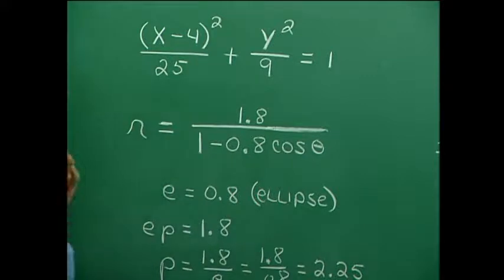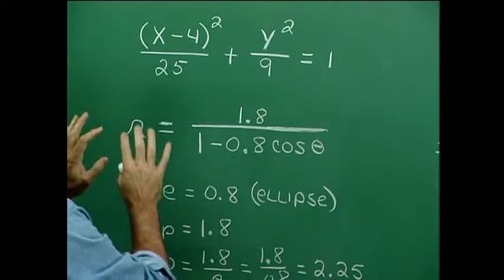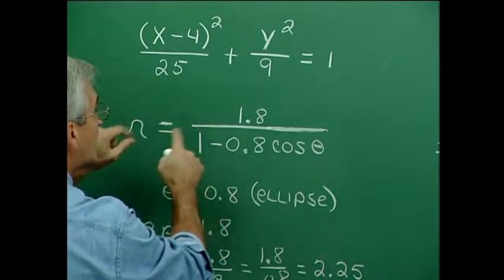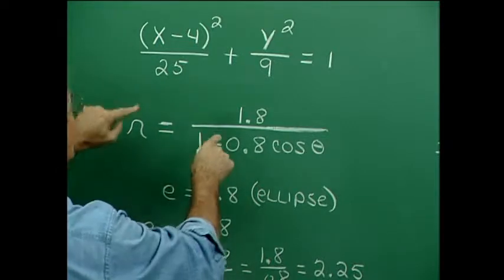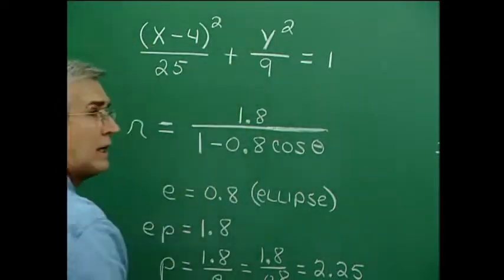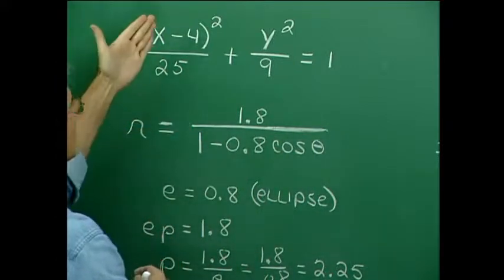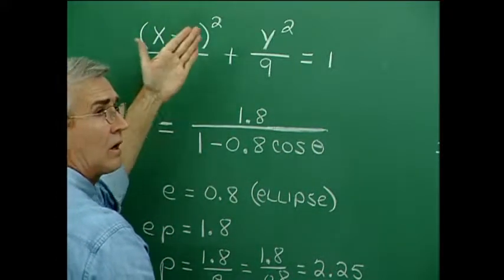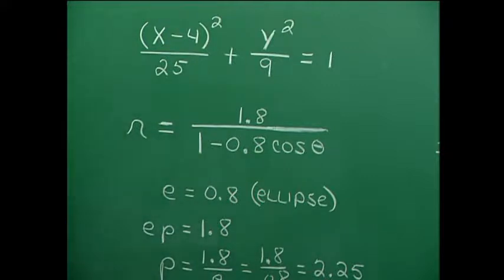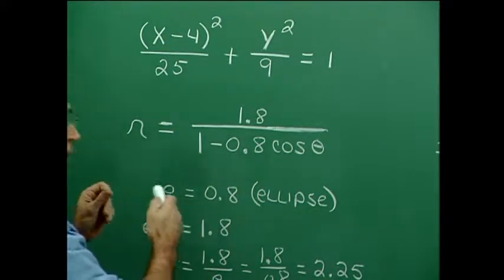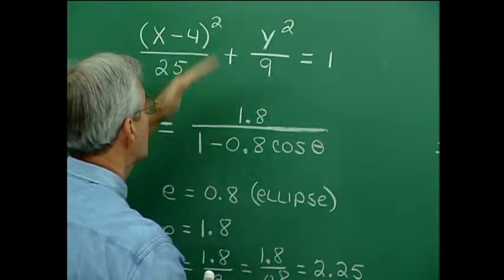Okay, so now the equation in polar form corresponding with that equation in rectangular form is this. Looks totally different, doesn't seem to be any kind of relationship whatsoever. All right, and I want to make sure we see that we don't try to make a conversion here.